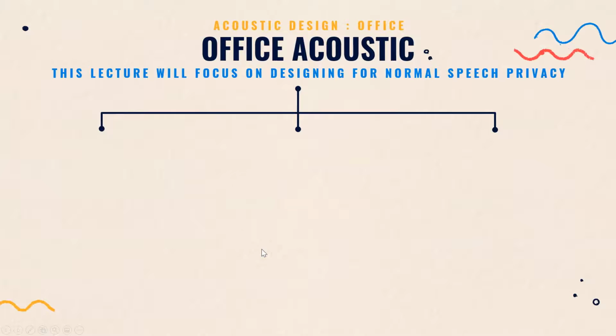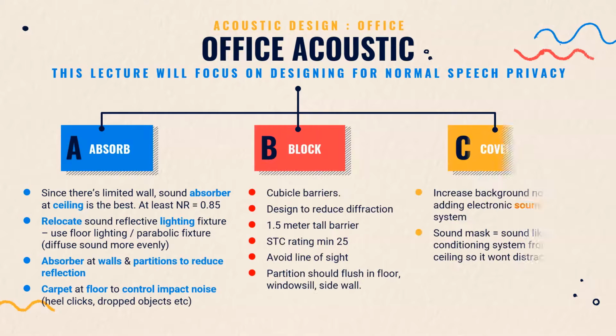Okay, so for the following slides, we are going to focus on open office design for normal speech privacy. The rule to design for office is ABC: absorb, block, cover. So we will explain this more in the next slides.